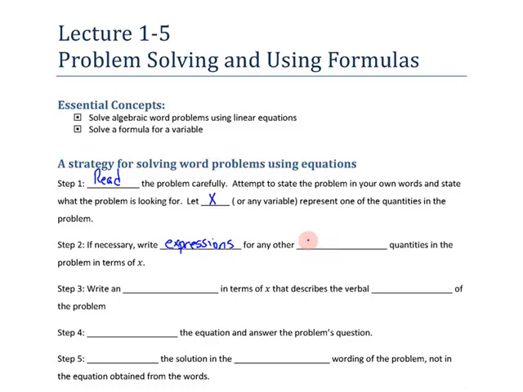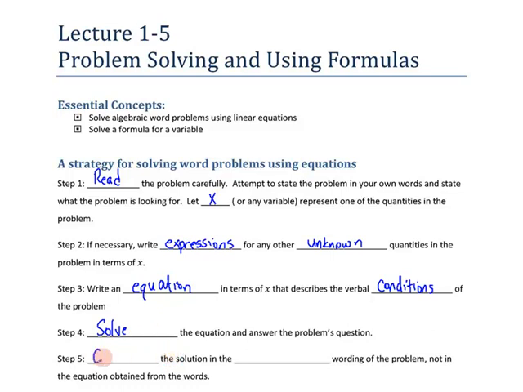Step 3 would be to write an equation in terms of x that describes the verbal conditions of the problem, much like we did at the end of last section, where we are translating an English statement into something mathematical. Step 4 is, once we have an equation, we now use our skills from previous sections to solve the equation and attempt to answer the problem's question.